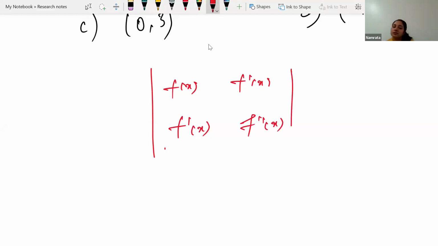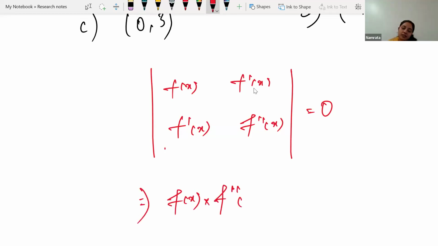This is equal to 0, that is given in the question. We will do the multiplication and solve the determinant. So it will be f of x times f double dash x minus f dash x into f dash x.